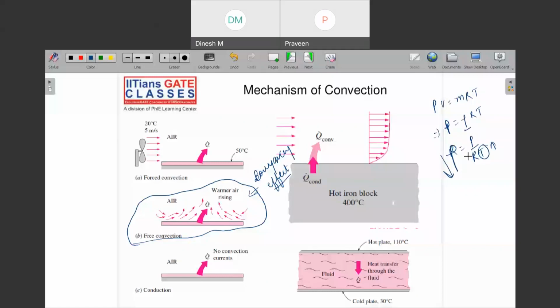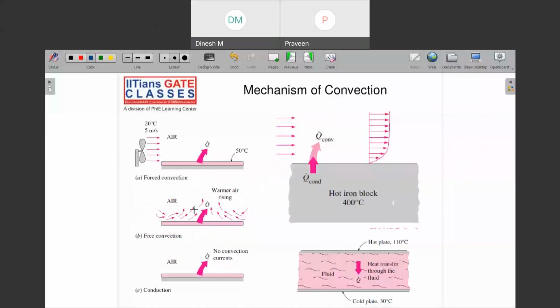Any air in close vicinity to this plate gets heated, becomes lighter and rises away. And once they are rising, the other air comes in; can you see here there are two arrows.